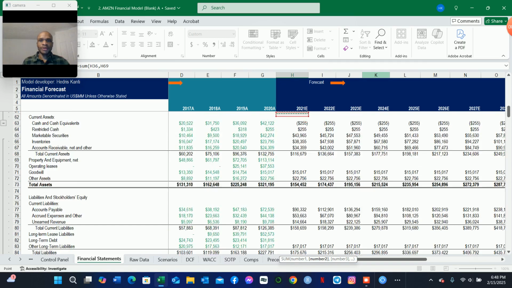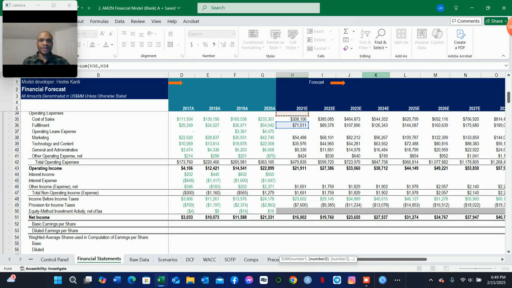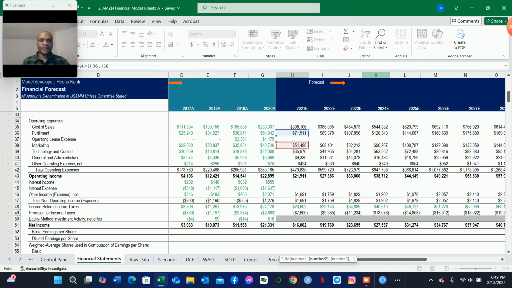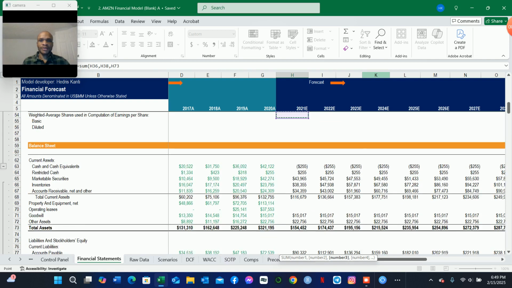We could also grab other items on Amazon's income statement. So we also believe that Amazon might have stock-based compensation on the marketing department. So they might receive stock-based compensation.